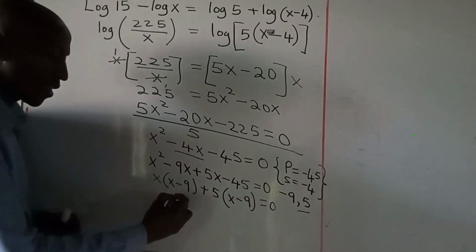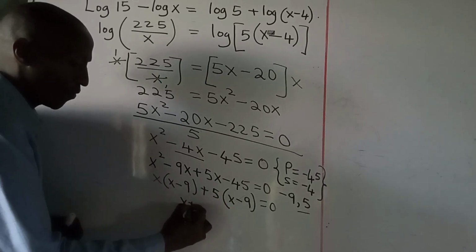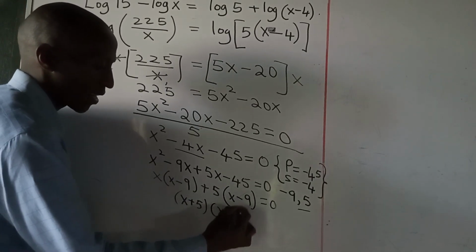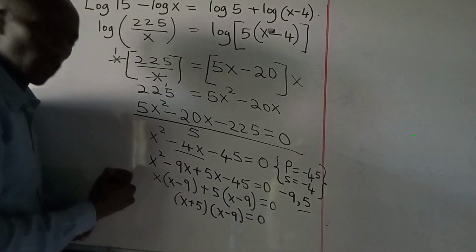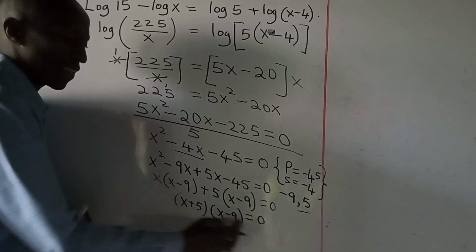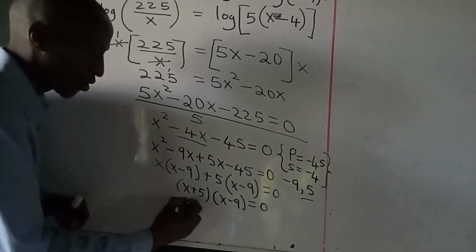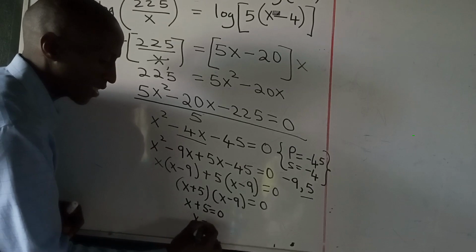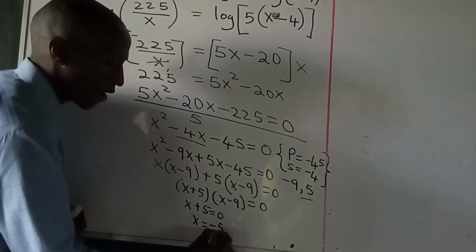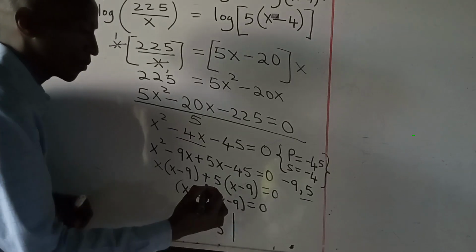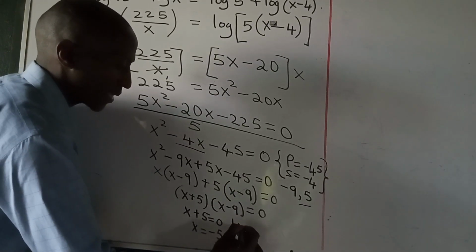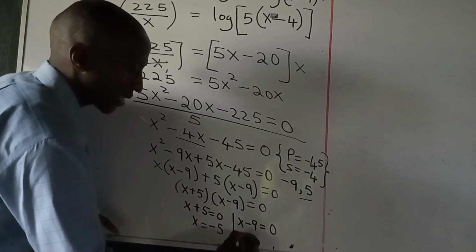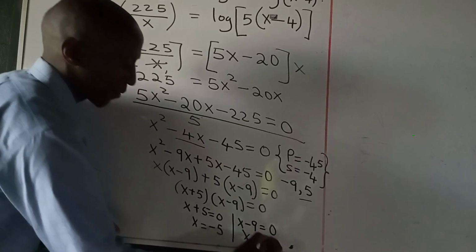Put the factors together, and that is x plus 5 and x minus 9 is equal to 0. When two numbers are multiplying and the result is 0, either one of them is equal to 0. So either x plus 5 is equal to 0, that means x is equal to negative 5, or x minus 9 is equal to 0, and that means x is equal to 9.